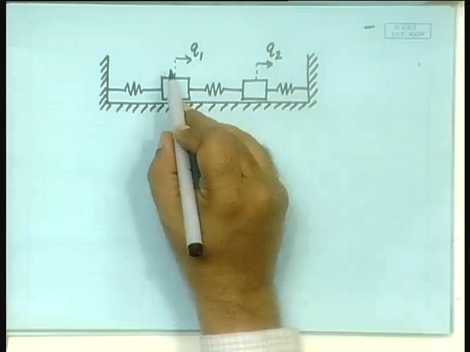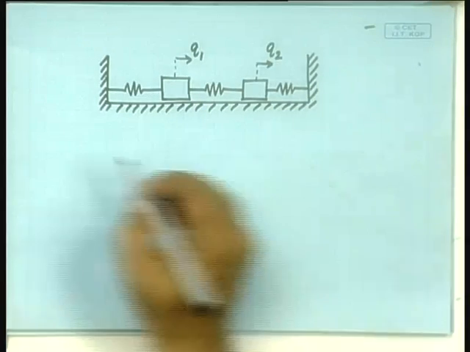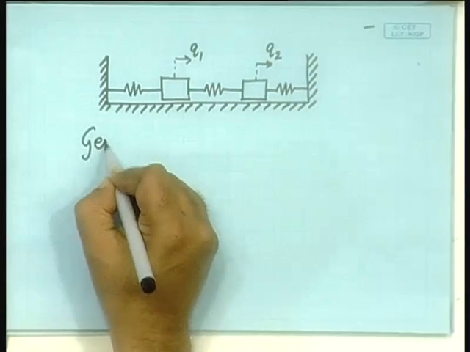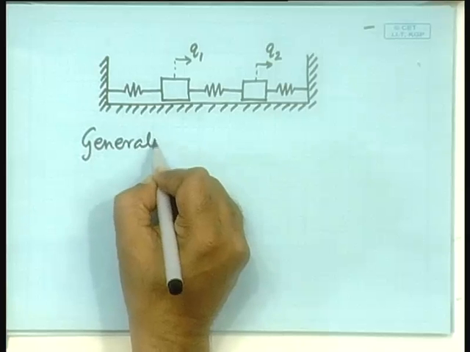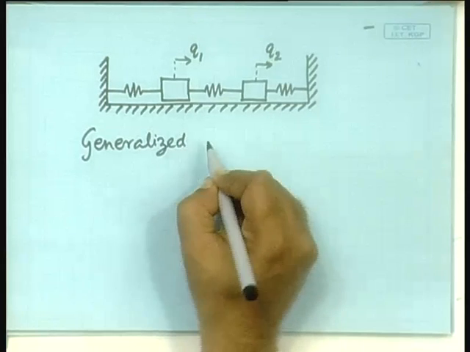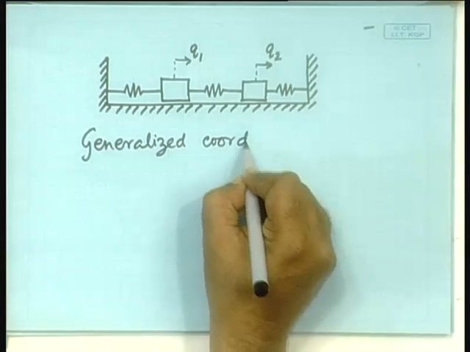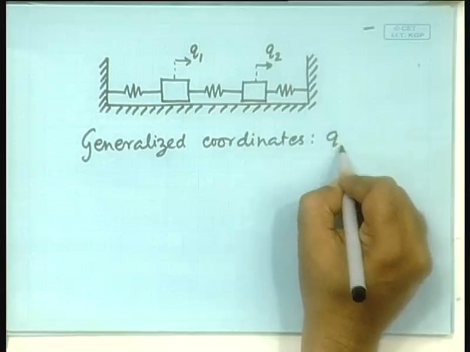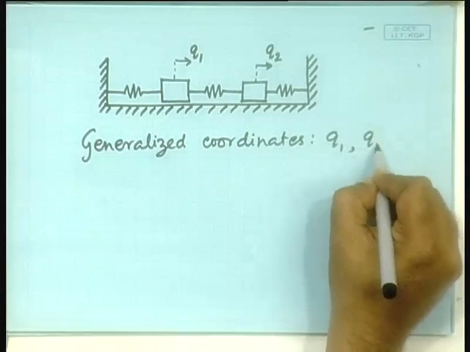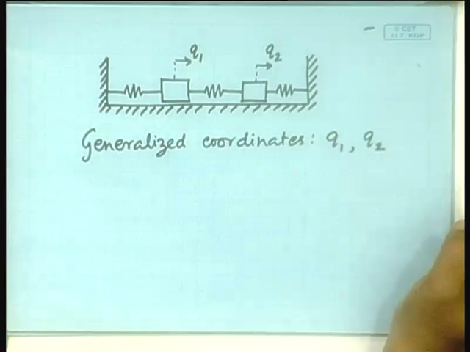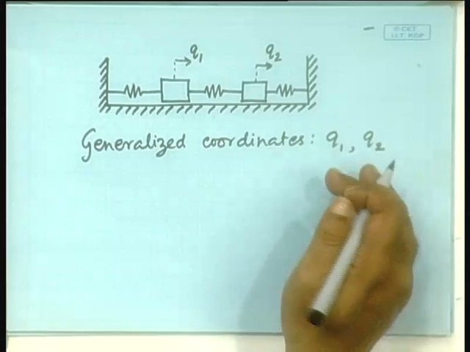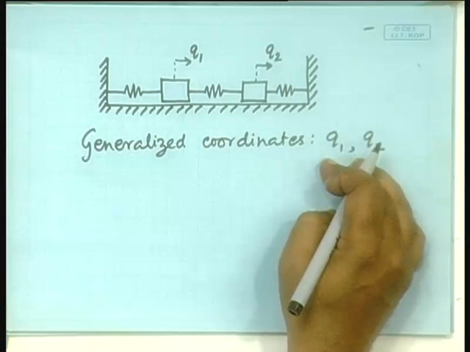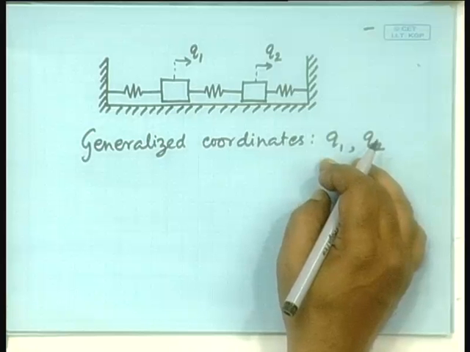The moment we have written down these two as the generalized coordinates, in terms of these we need to write down the kinetic energy and the potential energy.